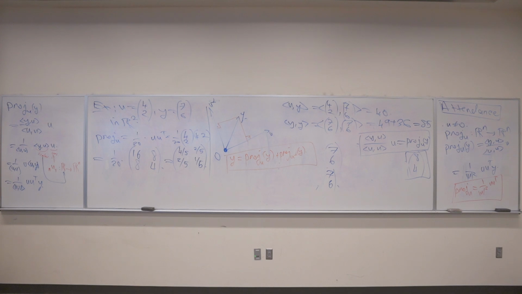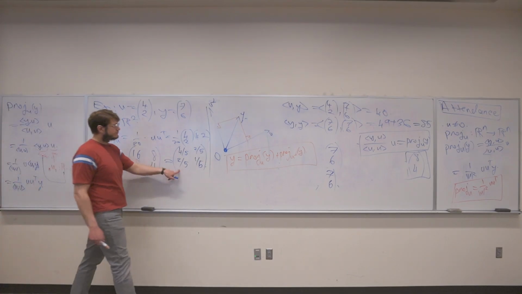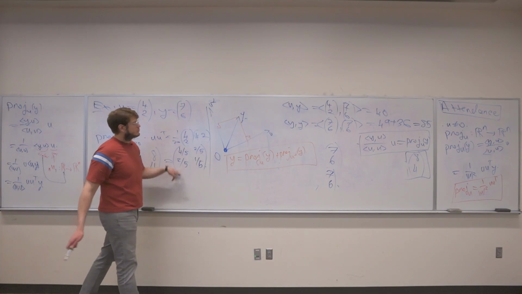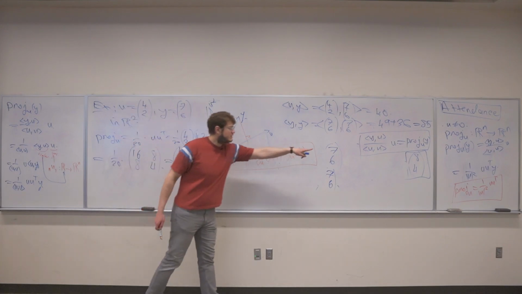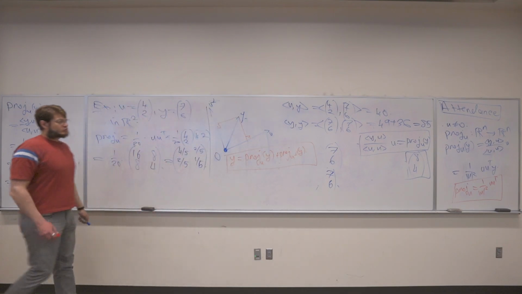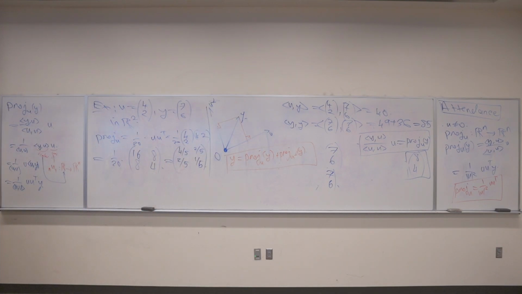Pretty nice. So if I were to left multiply this by this, or right multiply it by this, I should get back the original two-dimensional vector we computed.